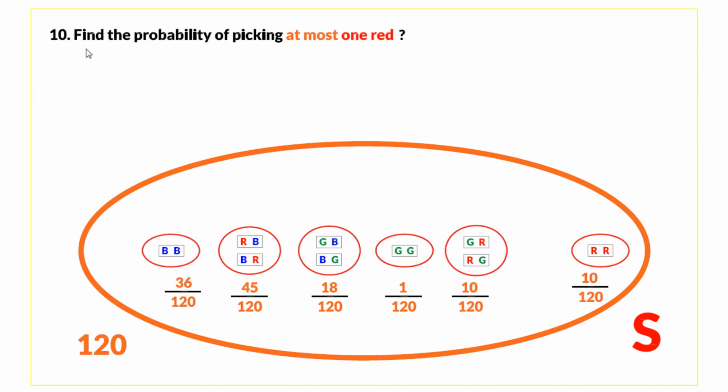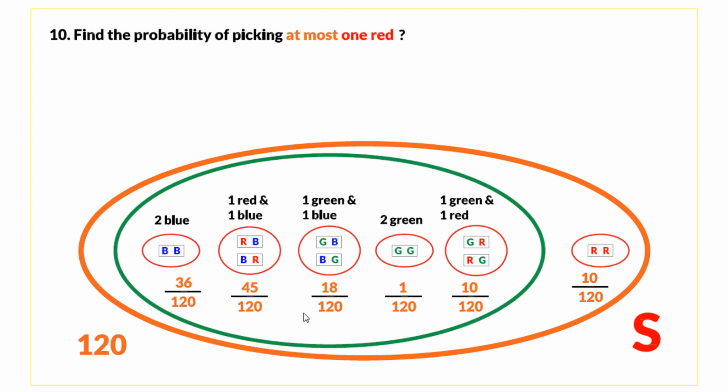Another question, find the probability of picking at most 1 red. So we may pick up 1 red or no red. So we may pick up red and green, red and blue, or no red. And no red could be 2 blue, 1 green and 1 blue, or 2 greens. So the union of these events will give us at most one red.